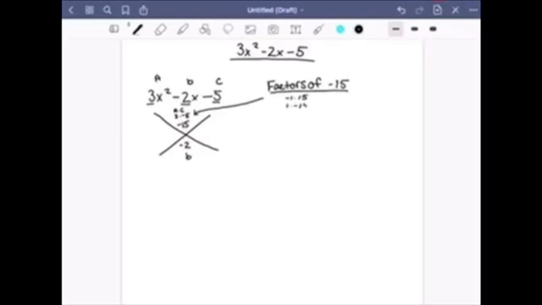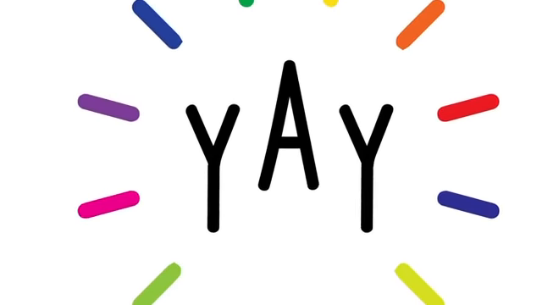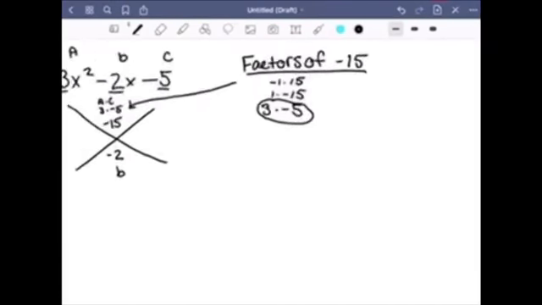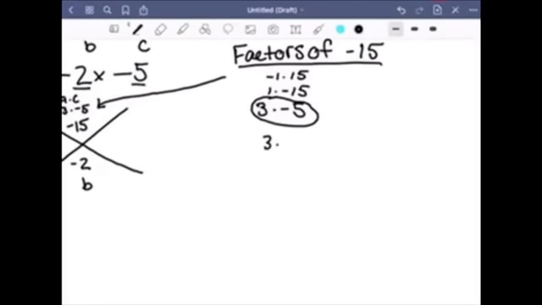1 times negative 15. 3 times negative 5. And 5 times negative 3 works too, but we are going to use 3 times negative 5 for a couple of reasons. Three times negative 5 is negative 15.